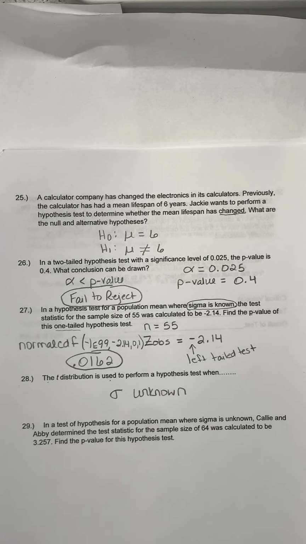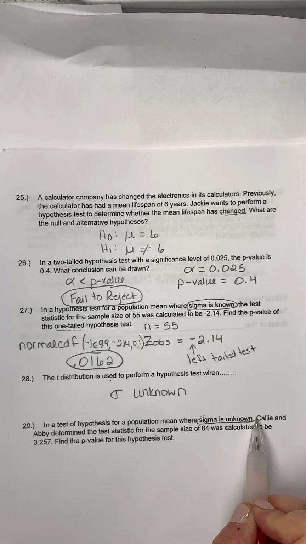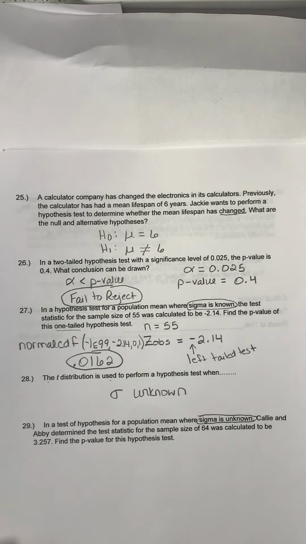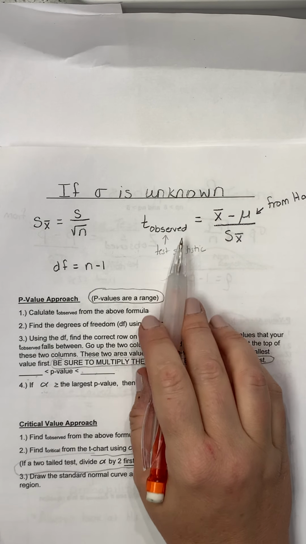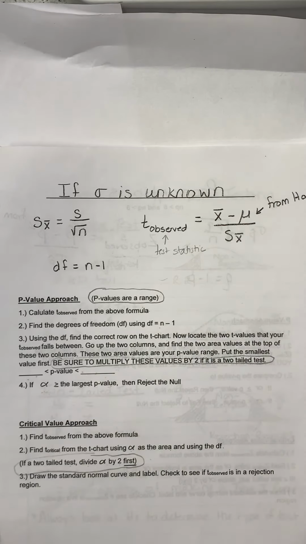All right, the very last time we have to find a p-value is number 29. We want to deal with a p-value again. So in a test of hypothesis for a population mean where sigma is unknown, we're going to turn to our sigma unknown page. Remember, this is our test statistic, t observed, if we need to know it.